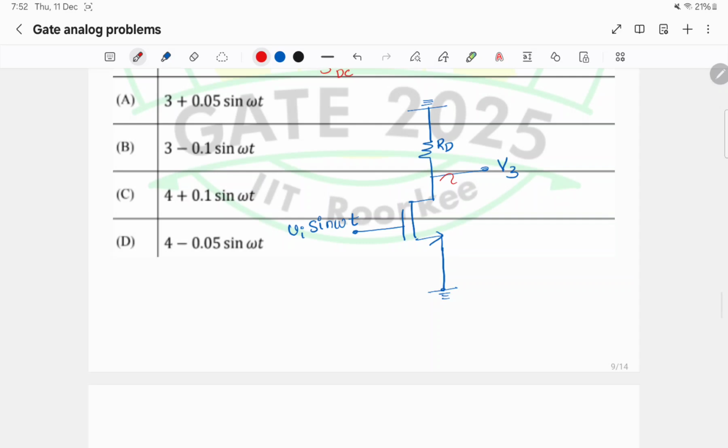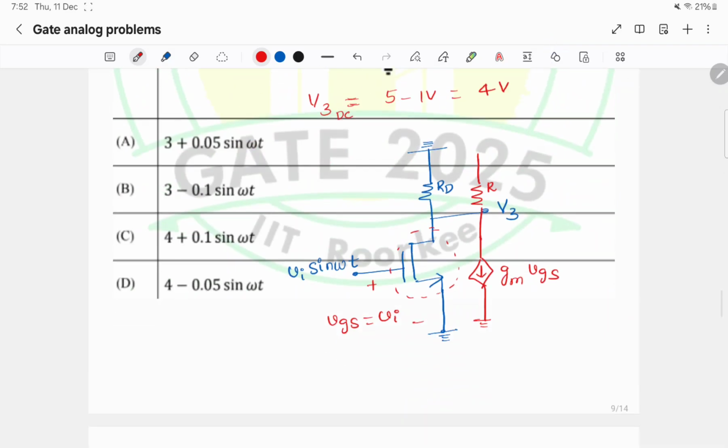And when we replace this with the small signal equivalent, this will be a current source of value gm VGS. Here VGS is Vi and the resistance is Rd, that is 1 kilo ohm. This is ground.